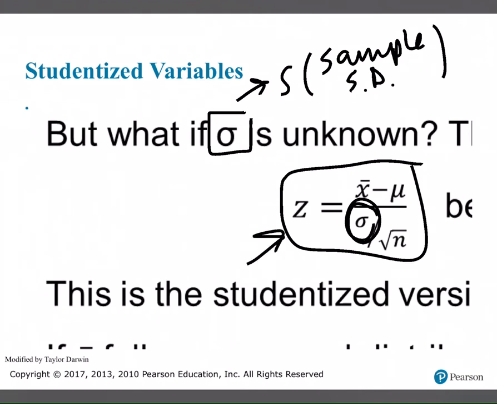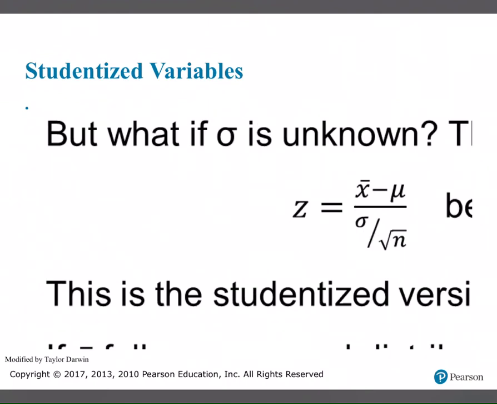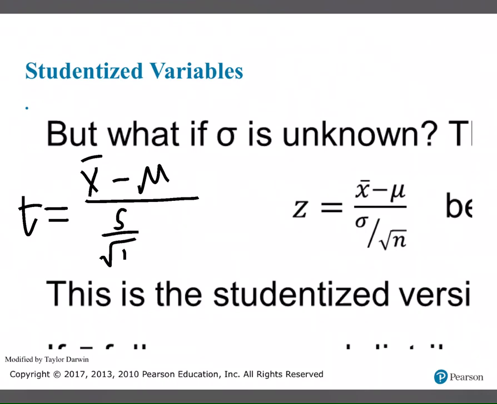So this will become a new formula, which is in your formula sheet. And it is T equals, and it's on the next slide as well, x bar minus mu over S divided by root n. So I'm replacing sigma with S. And this is called the studentized version of x bar.